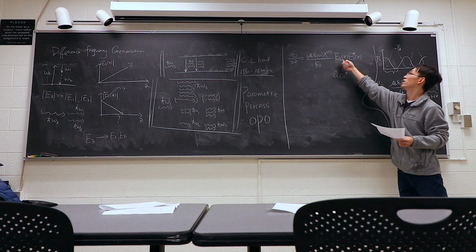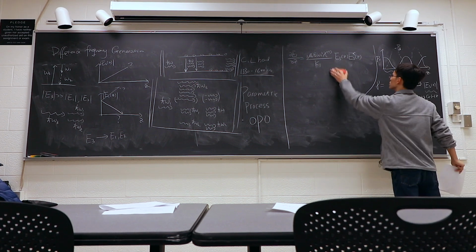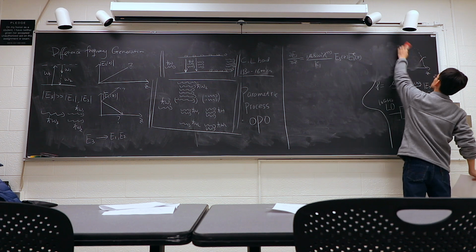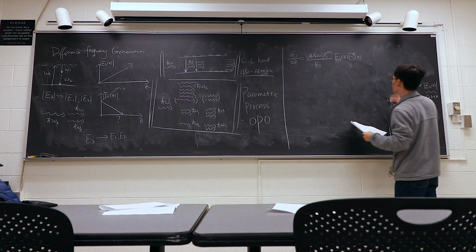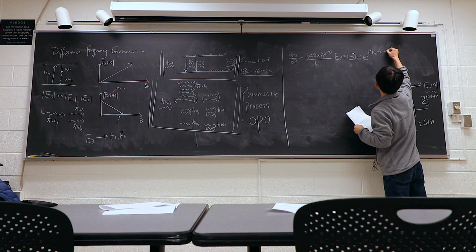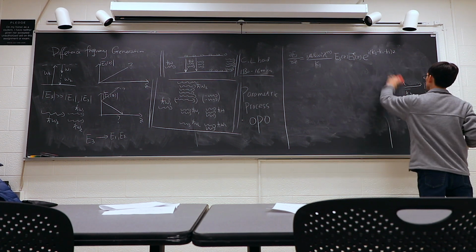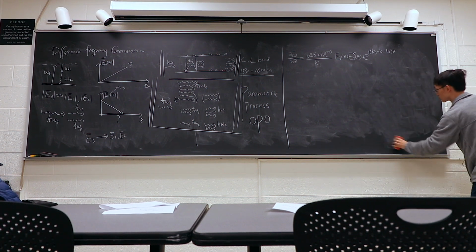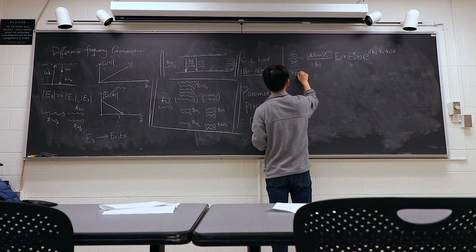So E3 and E2 must be off by a conjugate. And then you have the phase matching. And similarly, G2.